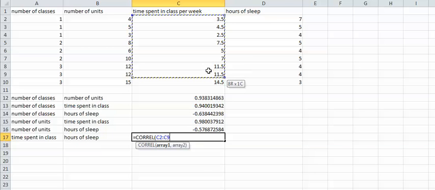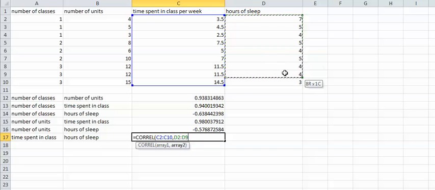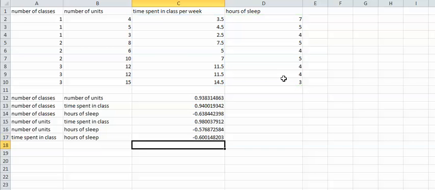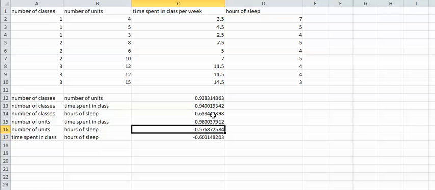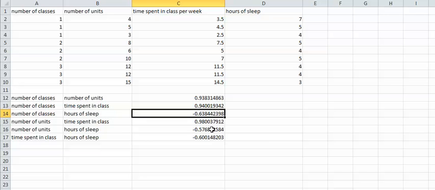Highlight this column, comma, highlight this column, close it. So it's a negative 0.6, which means it's almost halfway between 0.57 and 0.63.